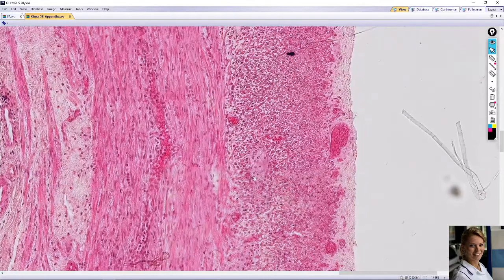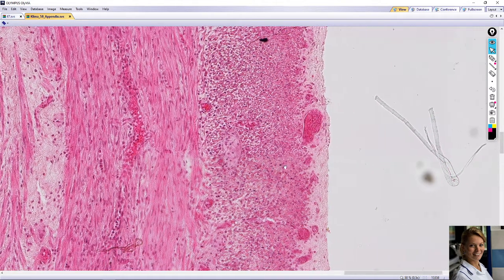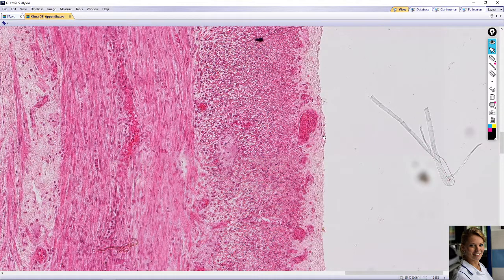Here is nicely visible plexus Auerbach, and the outermost layer of the appendix is serosa. It's visible here. That means loose connective tissue, which is lined with one layer of squamous cells, mesothelium here.